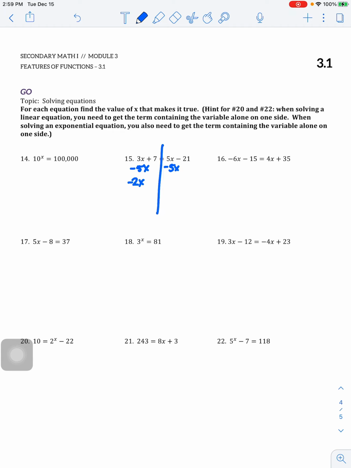And that gets me negative 2x plus 7 equals negative 21. And then I need to get the 7 to the right-hand side, and I need to do the opposite. So I'm going to subtract 7 from both sides, and I get negative 2x equals negative 28. And now I can separate the 2 and the x. I'm going to divide both sides by negative 2, and I get x equals positive 14.